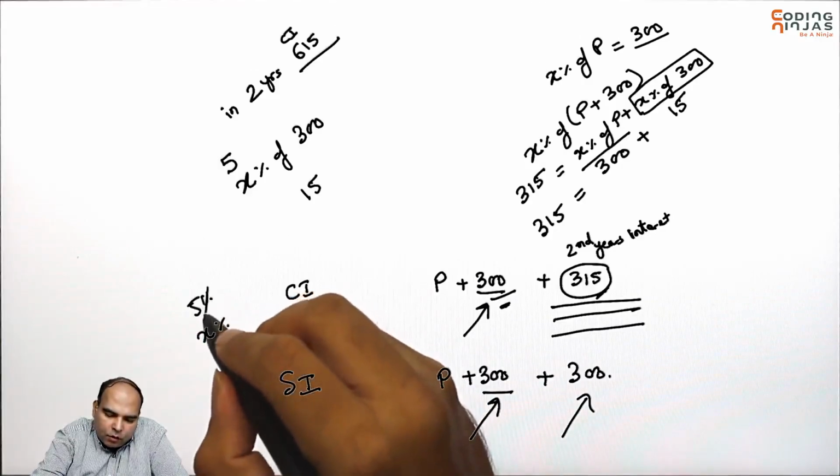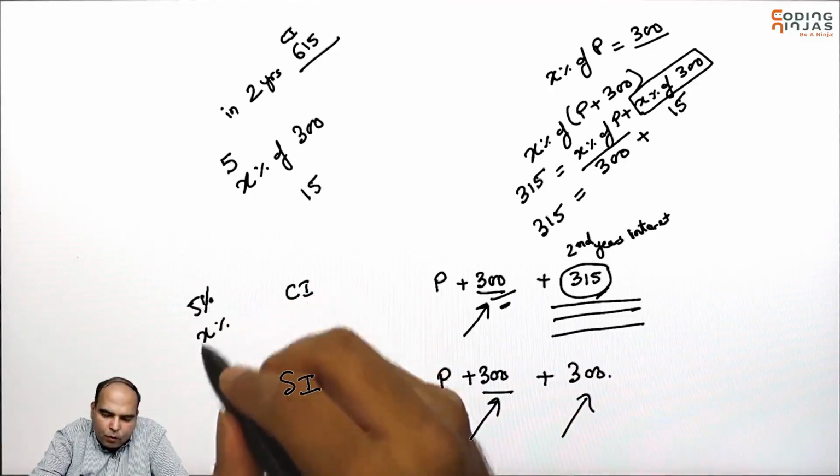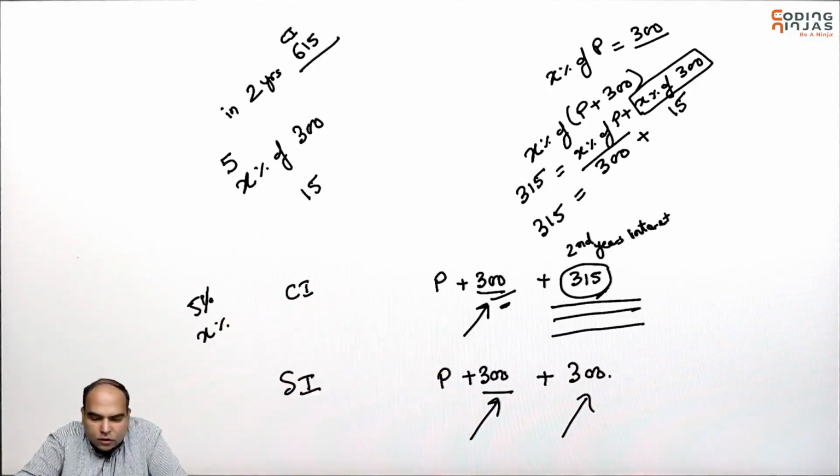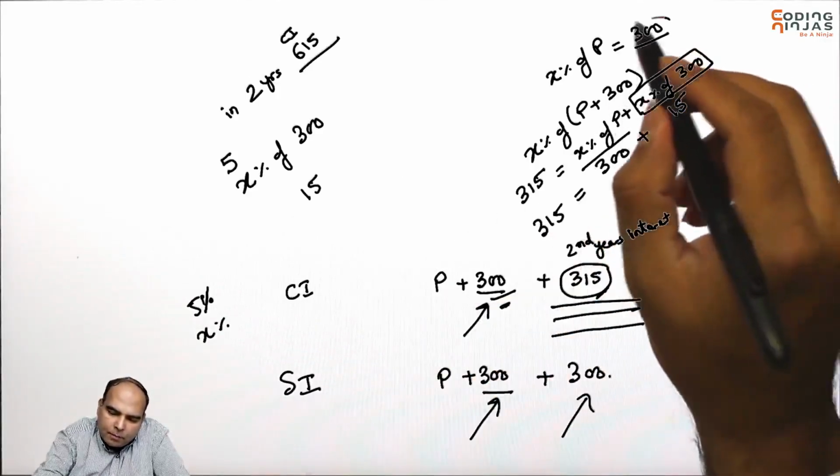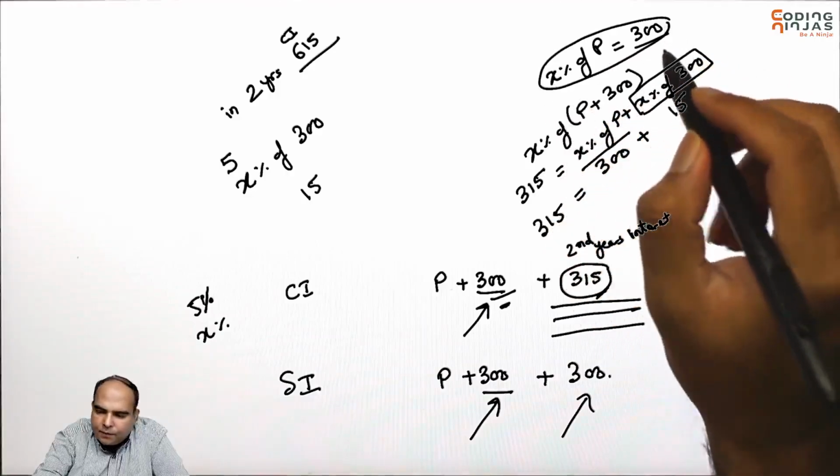So if the question was only asking you about the rate of interest charged, you have a solution to it. But since the question here has asked us the principal, we'll need to do one more step. We know that X% of P is 300.